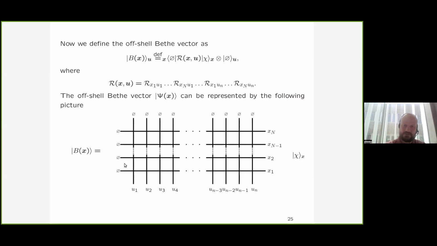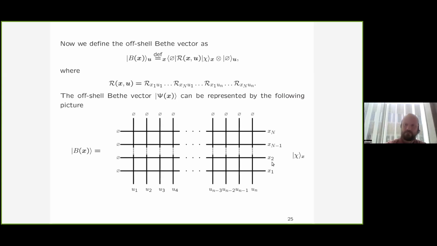My quantum space is vertical one, and the parameters are u. And it is obtained by the product of R matrices sandwiched between the bra vacuum state in the auxiliary state and the chi state taken as a ket state, okay?